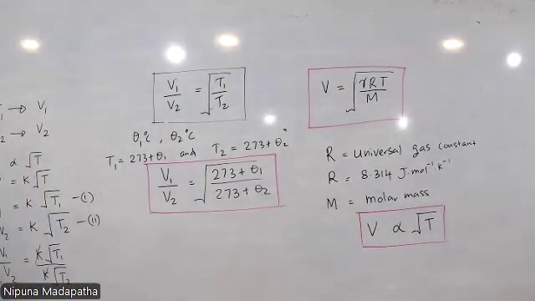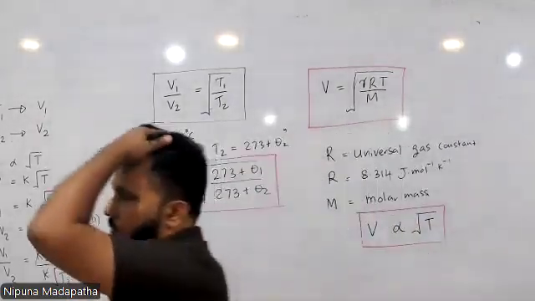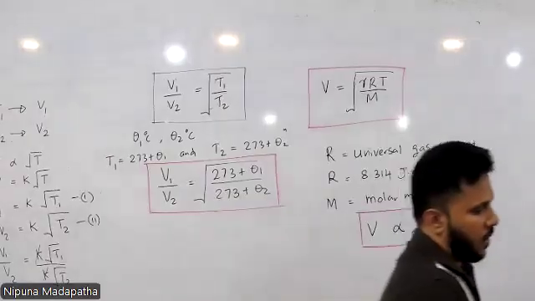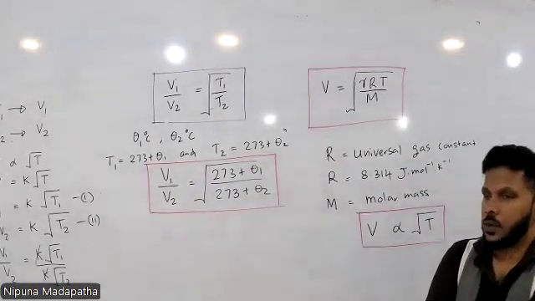Suppose the speed of sound in a certain gas at absolute temperatures capital T1 and T2 are capital V1 and V2 respectively.